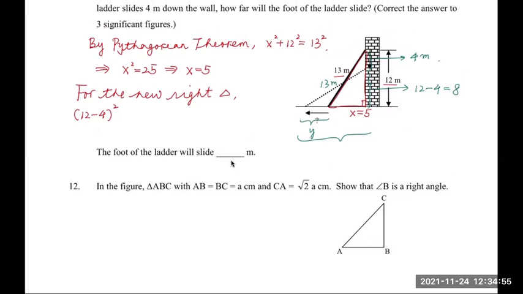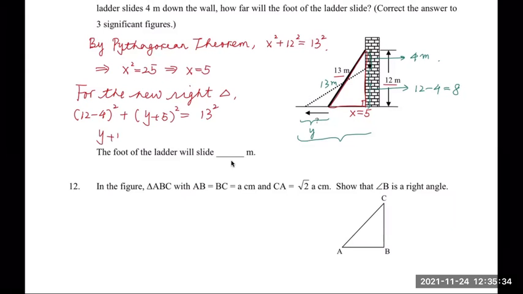Plus we know this side, we can express this side by y plus 5, right? I mean, there are other expressions. You can choose any of them, but this is what I do here. Square is equal to 13 squared, right?